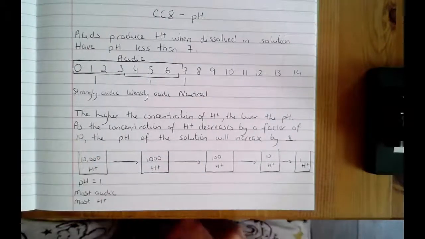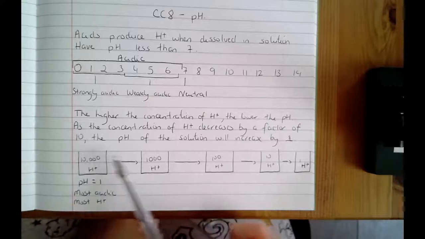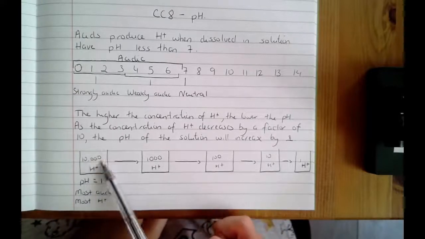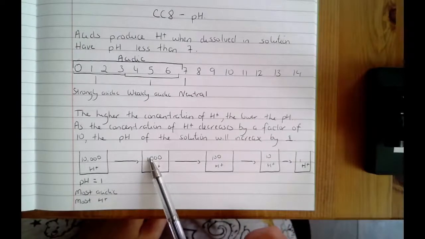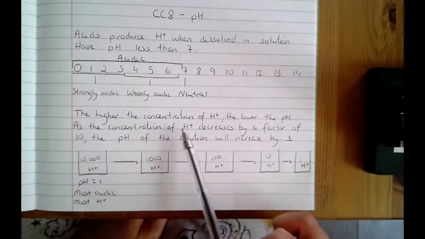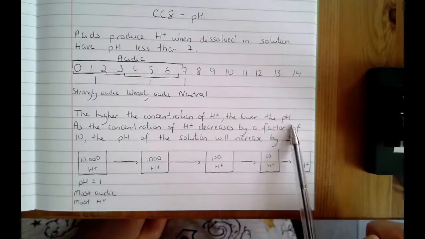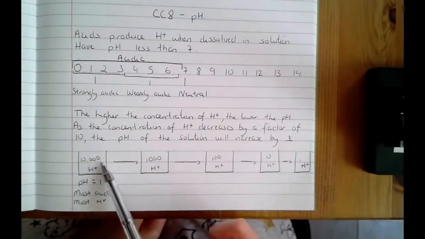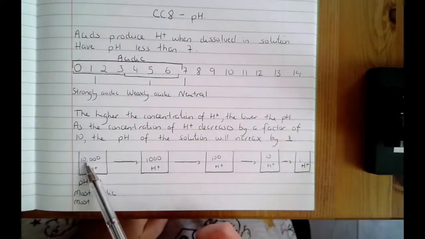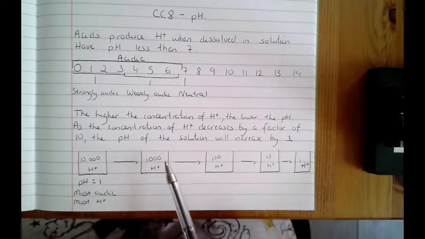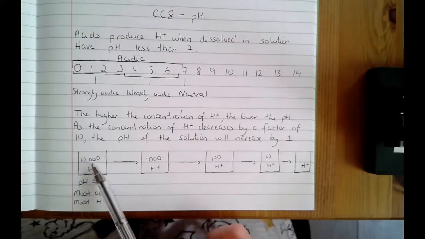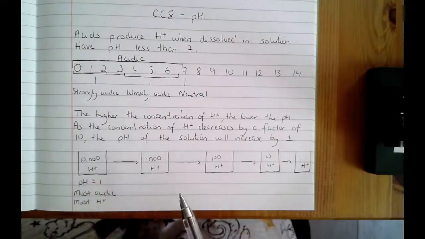It's got 10,000. So if I look at the beaker next to it, I've gone from 10,000 H+ to 1,000 H+. So what has happened is the concentration of H+ has decreased by a factor of 10. So you can clearly see that it's decreasing. You're going from 10,000 to 1,000, and it's decreasing by a factor of 10, because if I divide 10,000 by 10, I end up with 1,000.